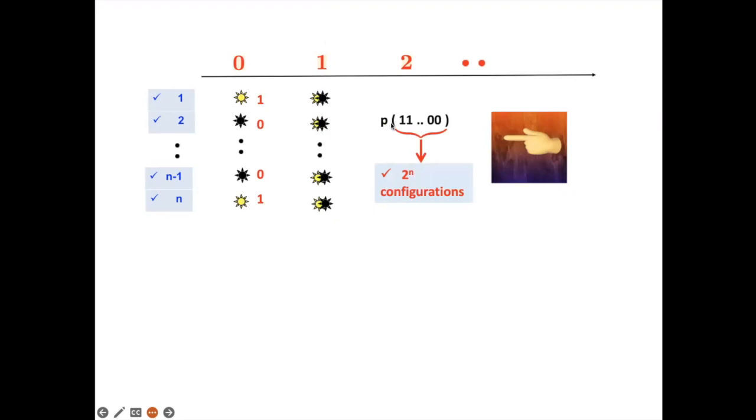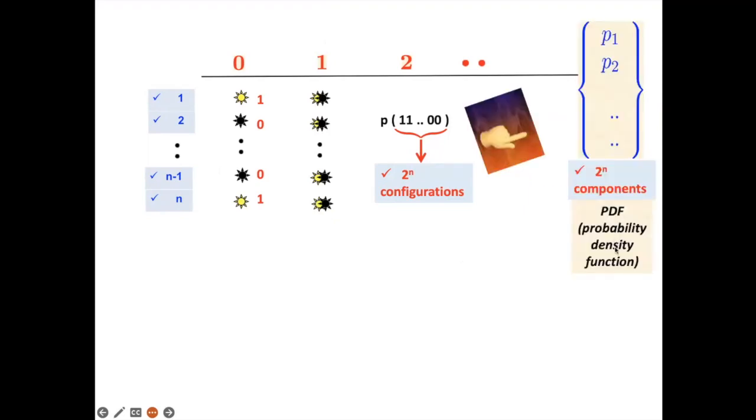You have to state the probability of all the different possible configurations. If you have a small number n of bits, then the number of possible configurations is 2 to the power n, and so we need a probability density function which has 2 to the power n components.